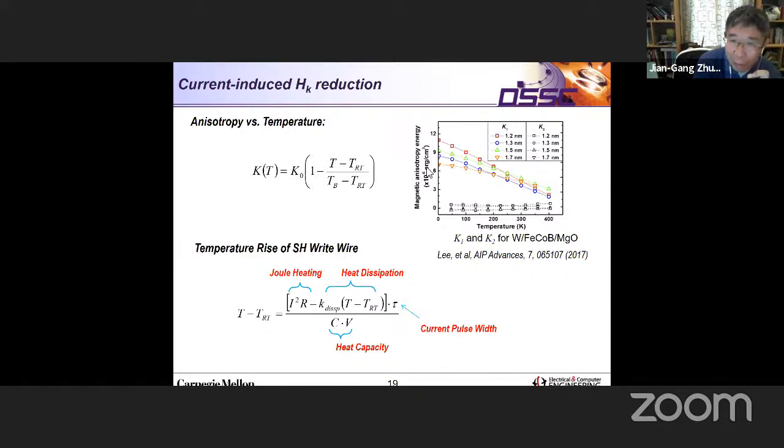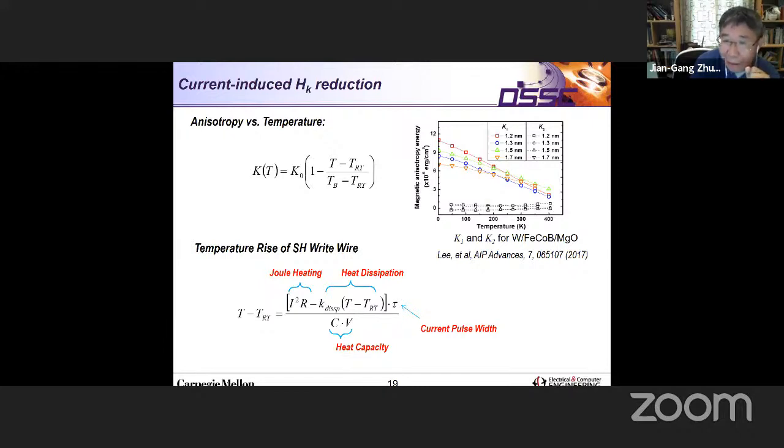When the MTJ free layer heats up, the anisotropy dramatically goes down. This is the experimental measurement of anisotropy in the iron cobalt boron versus temperature. You can see that 100 degrees C above room temperature, the anisotropy is already reduced significantly.